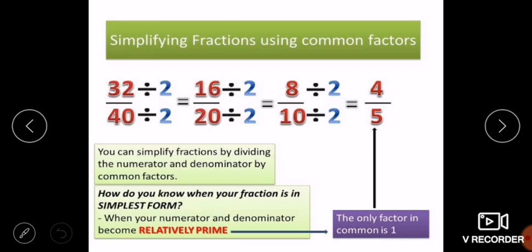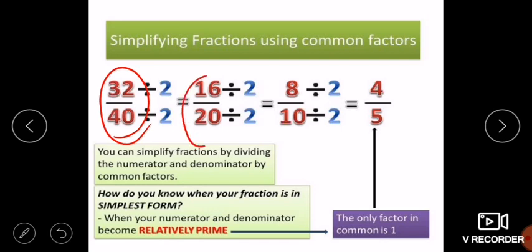Simplifying fractions using common factors. As you can see here, 32 by 40 is the given fraction. Now you have to simplify the fraction using common factors. As you all know, for 32 and 40, the first common factor will be 2. So it will be divided by 2.